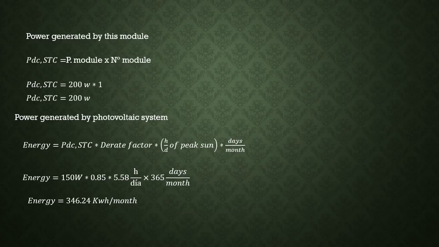Power generated by this module: the DC power is equal to power of module times number of modules. The DC power STC is equal to 200 watts. The power generated by the photovoltaic system is 346.24 kilowatt hour per month.